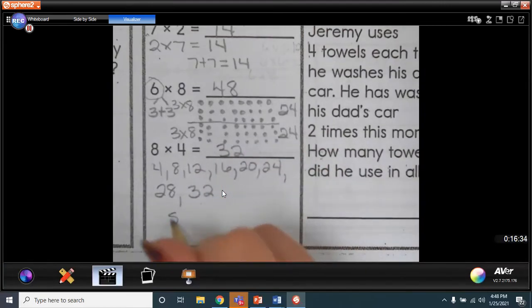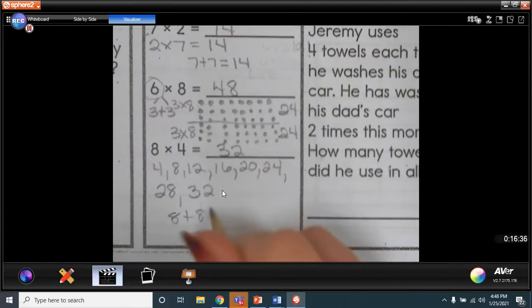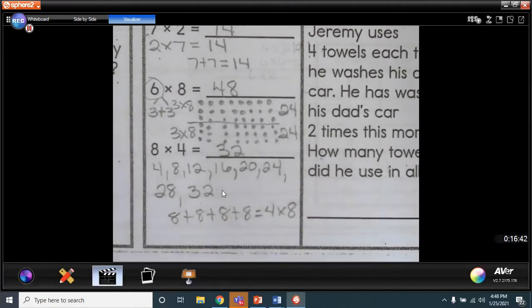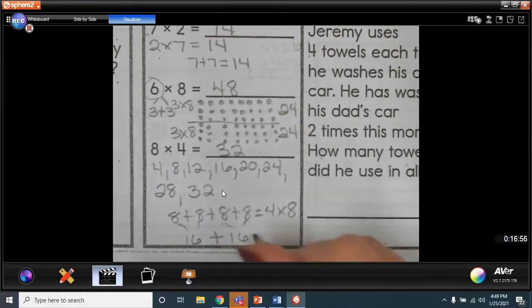Or I could add 8 plus 8 plus 8 plus 8, which is going to give me the same thing as 4 groups of 8. And 8 plus 8 is 16, which is 2 times 8. And another 2 groups of 8 is also going to be 16. And when I take those 2 groups of 16, 6 and 6 makes 12.